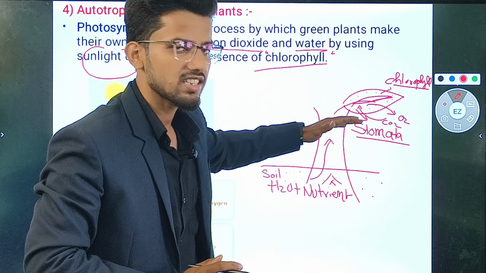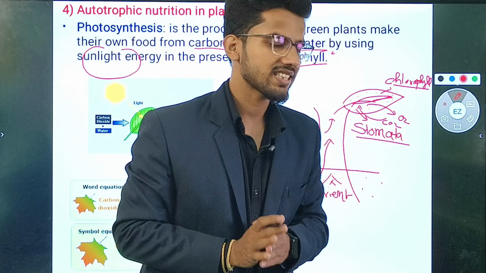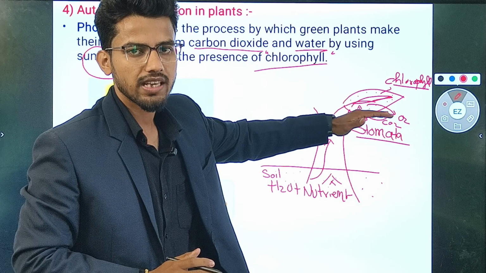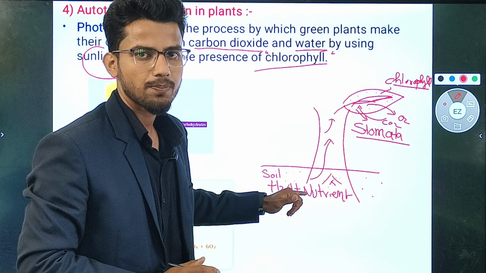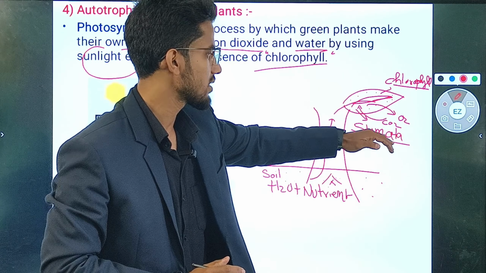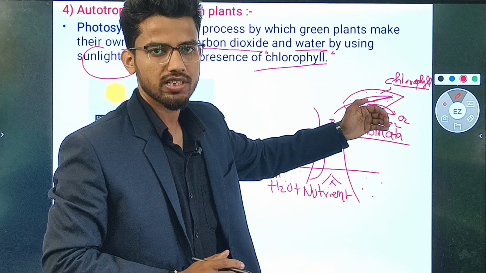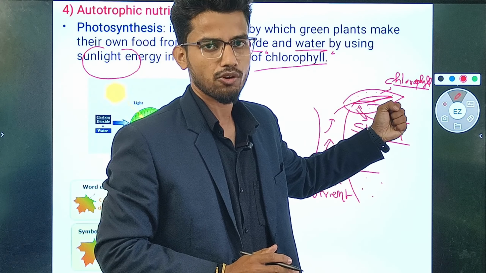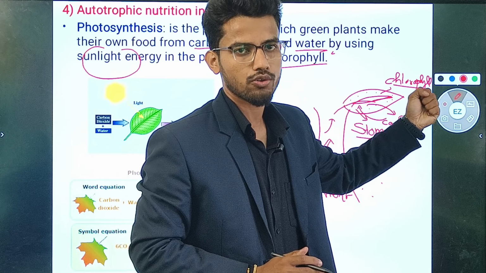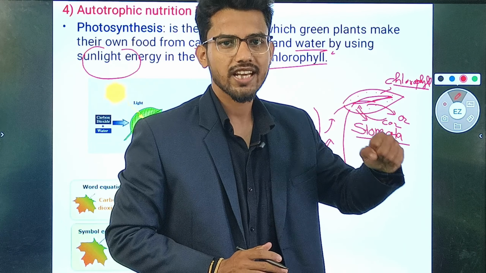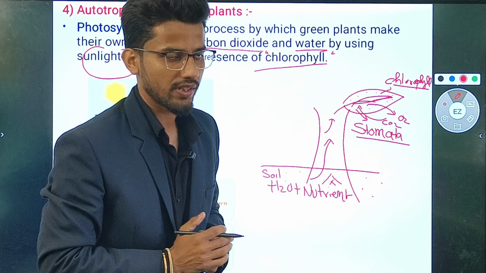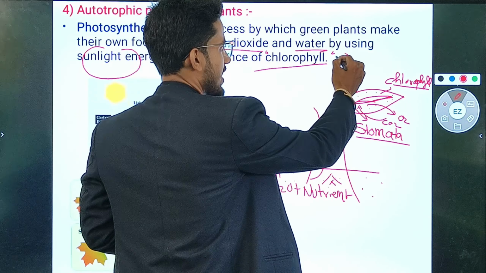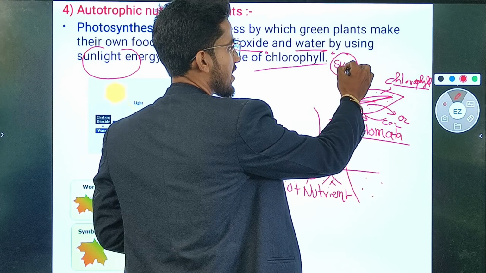Now, in this complete scenario, we can say that that particular leaf is now full with water plus nutrients. Along with it, the carbon dioxide that is required for the food making process, and chlorophyll is also there to trap the sunlight. However, the final and the utmost necessary thing for this process to happen is your sunlight energy.